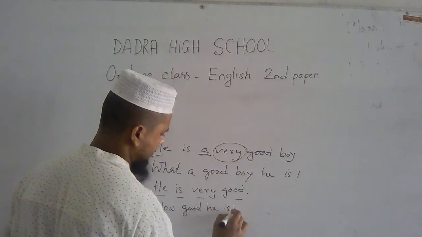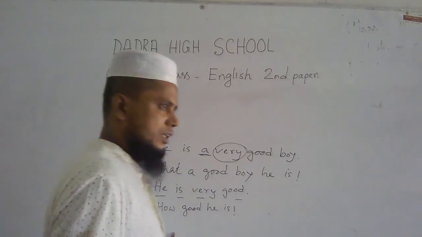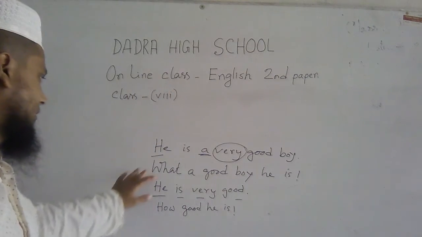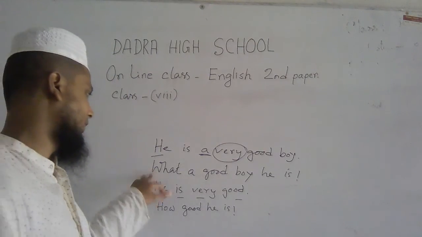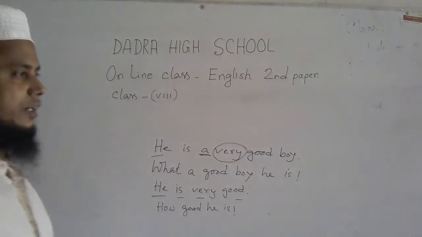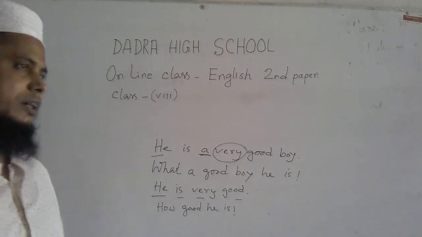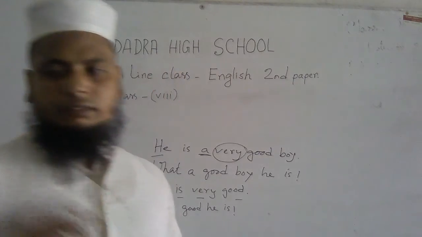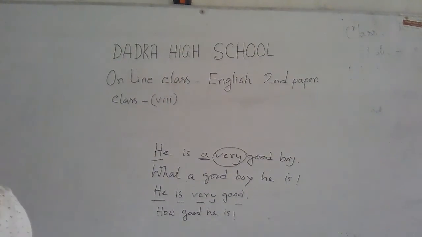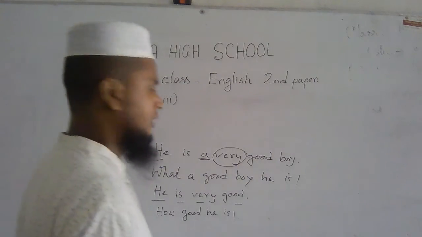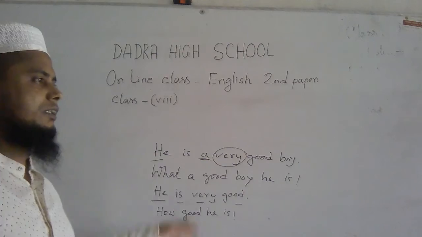Subject, verb. And if you get such types of expression that start with what or how, you will take subject, verb, and in the case of what, you will take an article, and in the case of how, there is no need to take any article. And thus you can make the assertive sentences into exclamatory, and thus the exclamatory sentences into assertive.